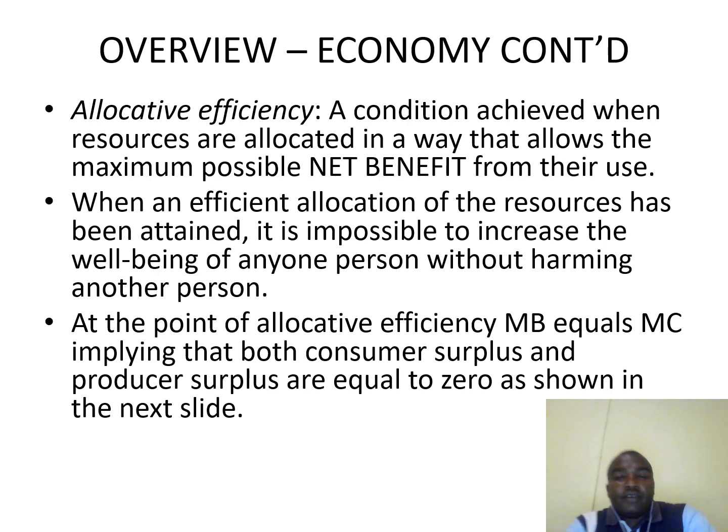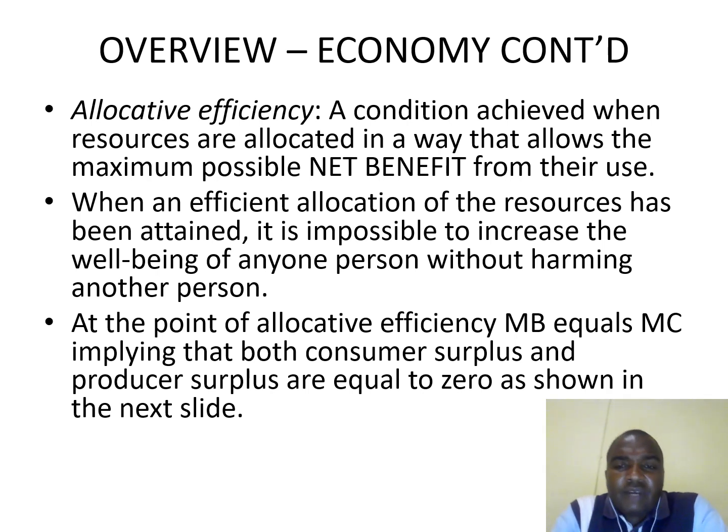So allocative efficiency is a condition achieved when resources are allocated in a way that allows the maximum possible net benefit for their use to economic agents that are found in a particular economy. When an efficient allocation of resources has been attained, it is impossible to increase the well-being of any one person without harming another person.